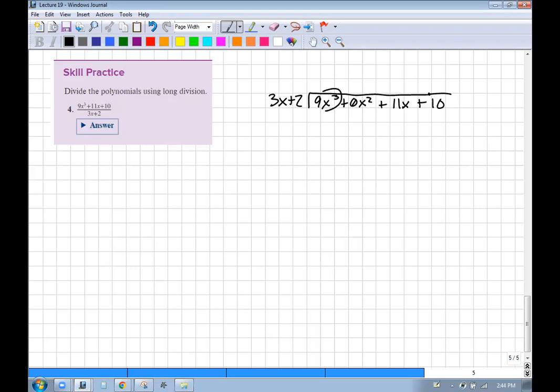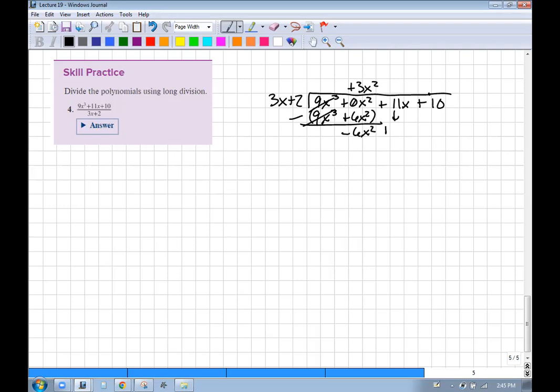So to get a 9x cubed from 3x, we need to multiply it by 3x squared. 3 times 3 is 9. X squared times x is x cubed. But we also get a 6x squared out of it. When we subtract, those went away like we wanted, but we're left with a negative 6x squared.